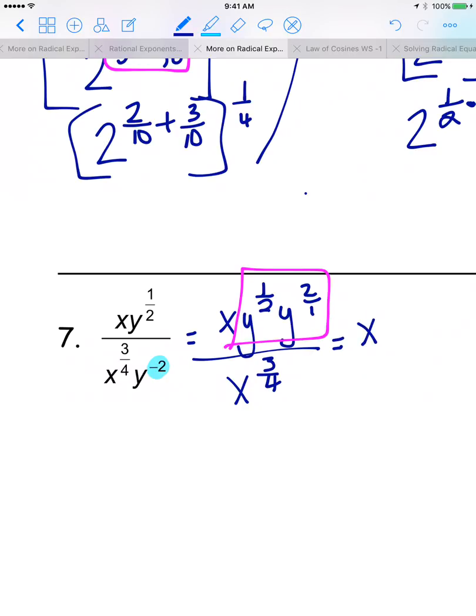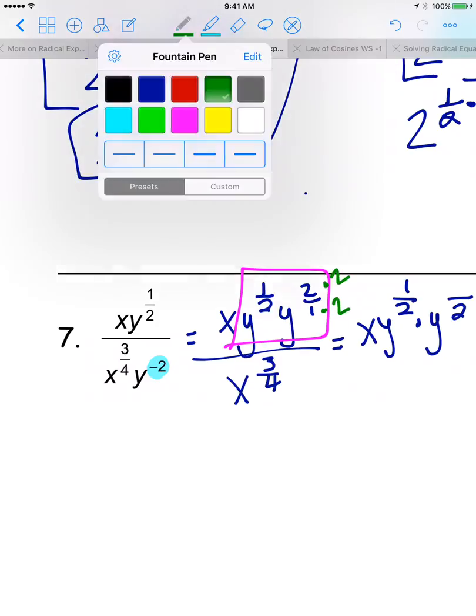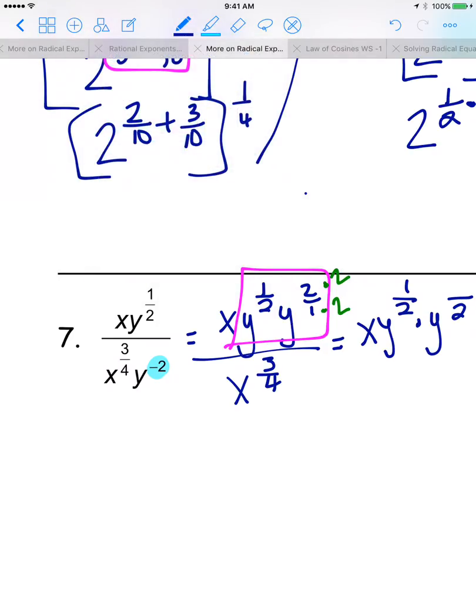So it's x times y to the 1/2 times y squared. Well, we need it to be a denominator of 2, so we multiply the numerator and the denominator by 2. So we get 2 times 2 is 4, so we get 4 halves.